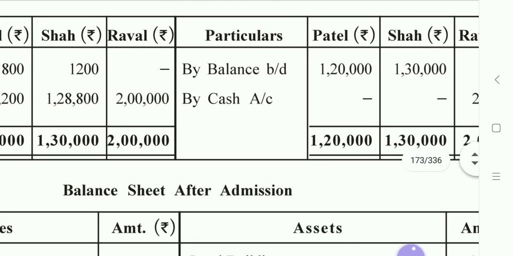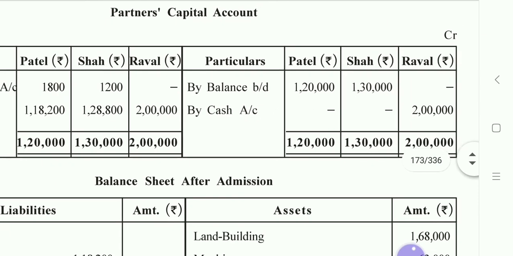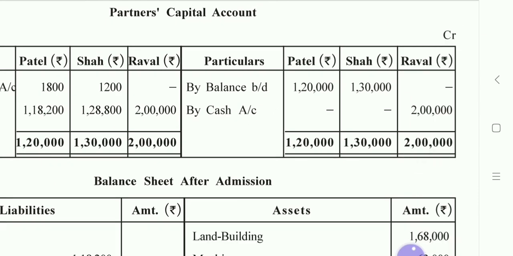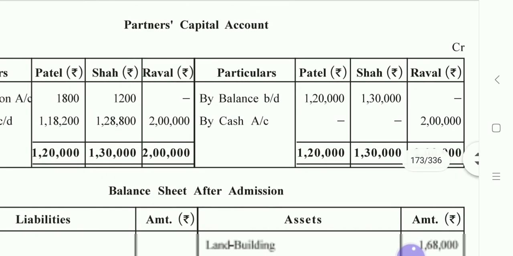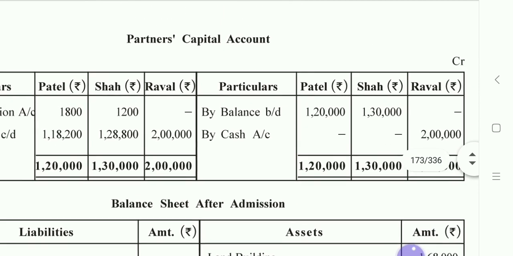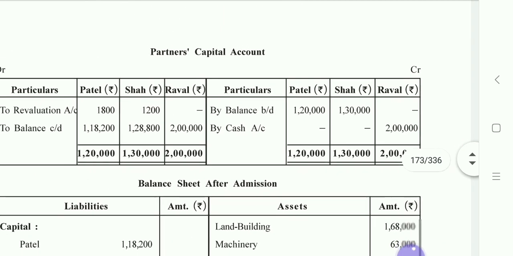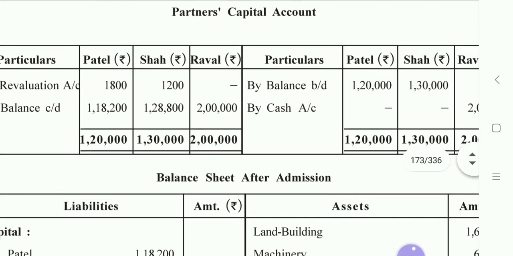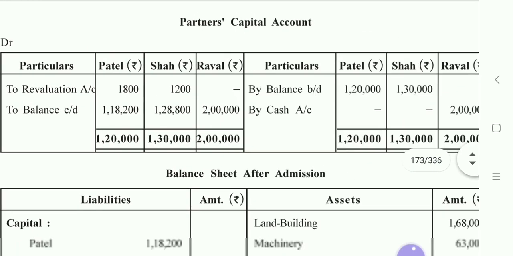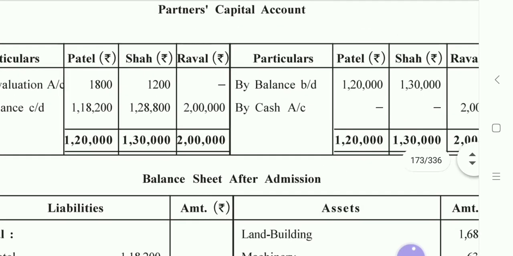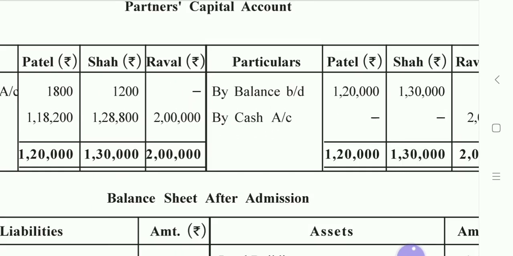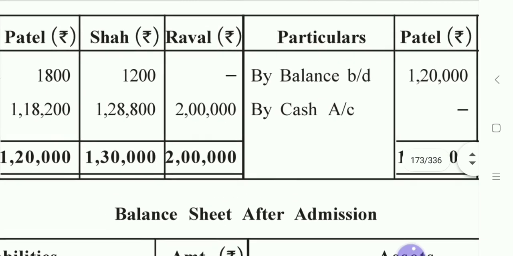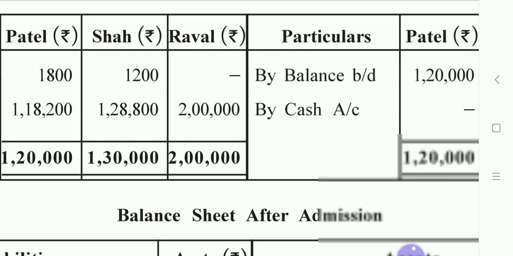It is 1,30,000 minus 1200. The balancing figure is 1,28,800. Same for Patel. So here the figure that I have obtained, this is partners capital account. 1,30,000 is the opening balance of partners capital, and the answer obtained is closing balance of partners capital.